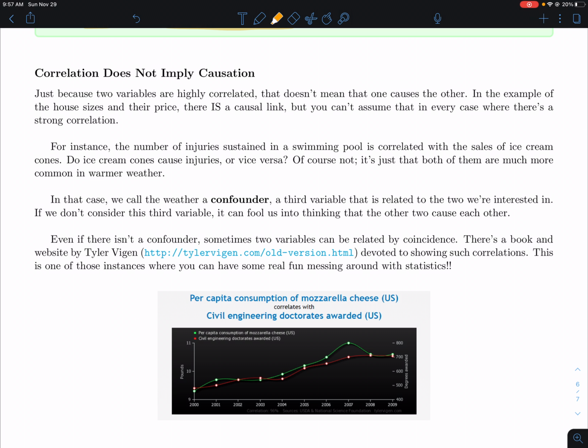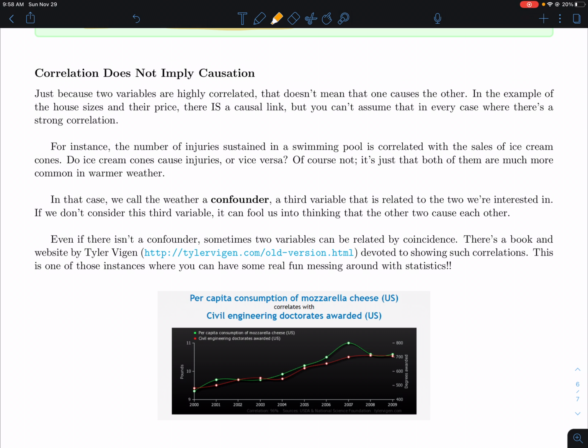Obviously, the amount of land is going to go into the house price as well. One house could have a pool, another could not. One could have a super fancy industrial kitchen, and the other could have a microwave and a small apartment fridge. So there's a lot of other factors that go into it than just that.